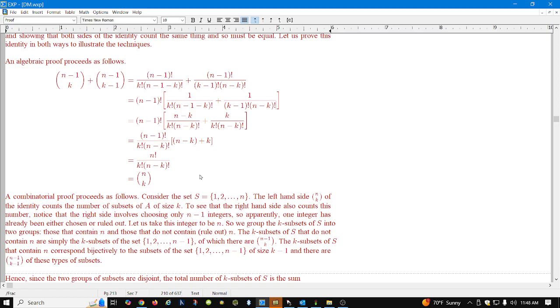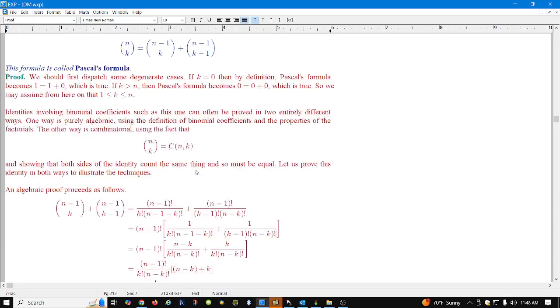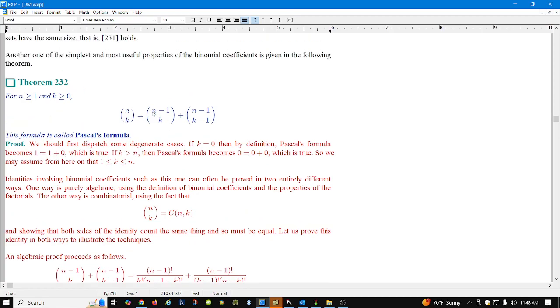To see that the right-hand side also counts this number, notice that the right-hand side involves choosing from a set of size n minus 1. It's what's common to these two terms.